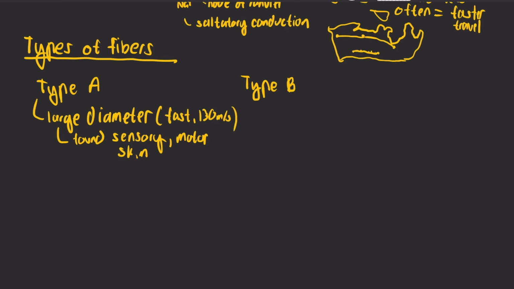You then have the, not type B. You are going to have the type C fiber. The type C fiber is basically the opposite of type A. You're going to have a smaller diameter. I almost forgot. In type A, it is myelinated. Okay, so this is myelinated compared to this one in type C, which is unmyelinated.